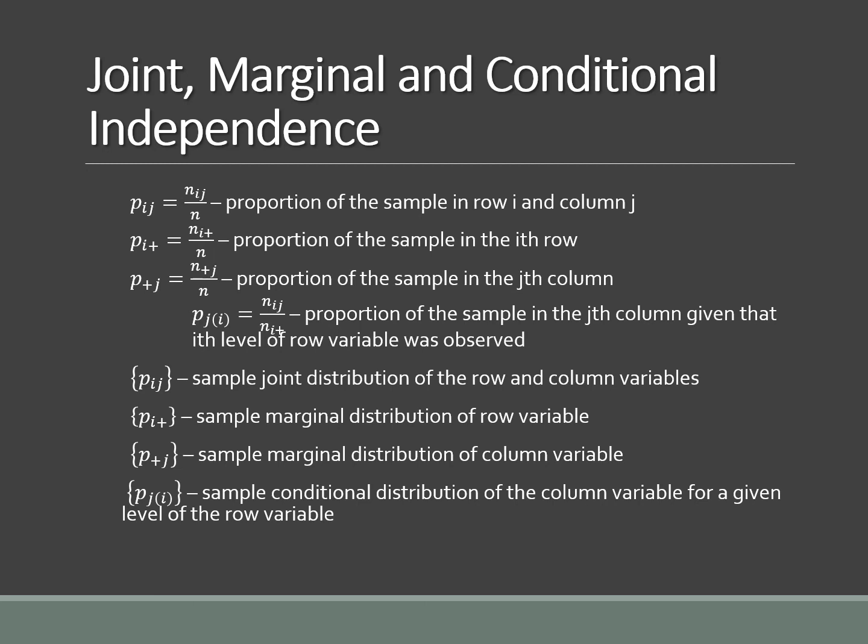But what would change is the denominator. If you would recall here, all the denominators are equal to n because you don't have a condition. But here, they should belong in column j given that they are already in the ith row. That is why you are only considering the observations belonging in the ith row. That is why the denominator here is ni plus.